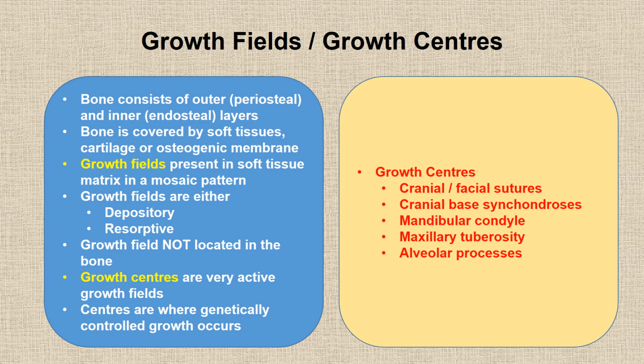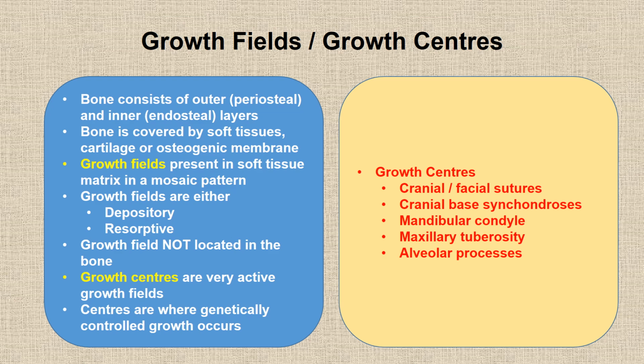Now, what are growth fields and growth centers? Bone consists of an outer periosteal and an inner endosteal layer. The bone is covered by soft tissues, cartilage, or osteogenic membrane. Growth fields are present in the soft tissue matrix in a mosaic pattern, and these growth fields can either be depository or resorptive. Growth fields are not located in the bone.